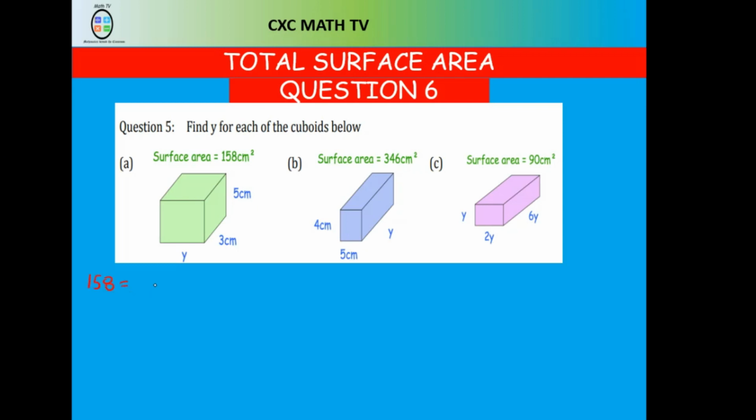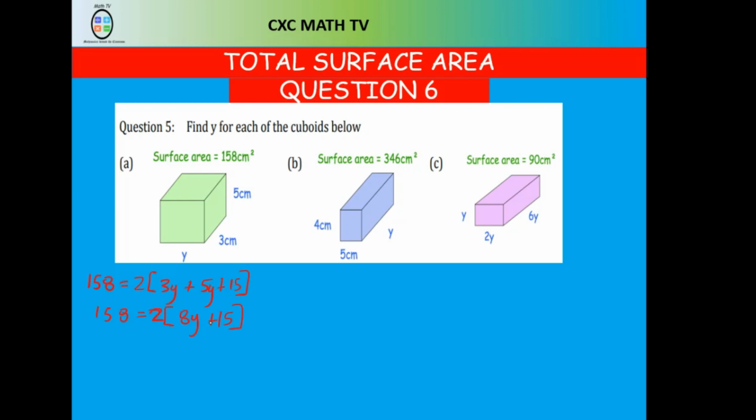How do you find that? It's 2 times 3 times y, plus 3 times y, plus 5 times y, plus 3 times 5, which is 15. Now we can solve for y. So 158 is 2 times 3y and 5y, which is 8y, plus 15. We need to get rid of this 2.